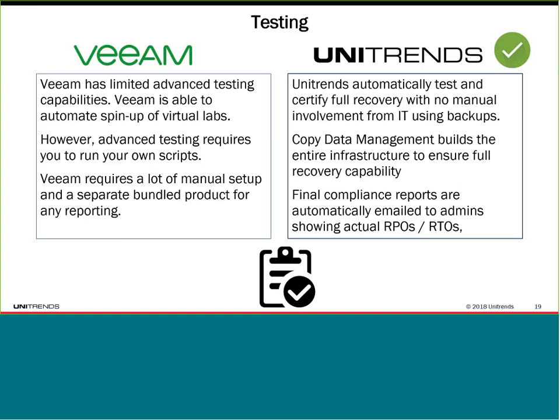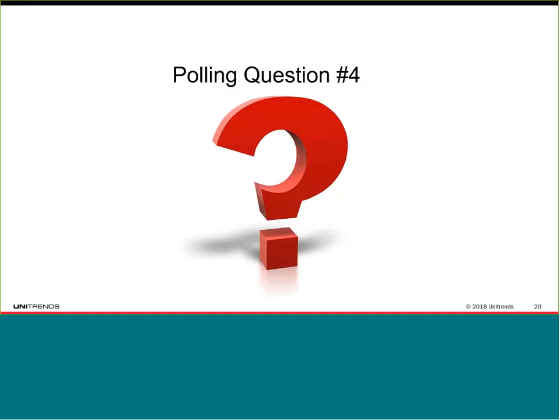So this leads us to our last polling question here. I'm going to kick it back to Kevin. Perfect. Thank you, Max. Yeah, last polling question here. Just want to get a general sense of how confident you are in meeting your RTO and RPO metrics in the event of a disaster such as ransomware. So maybe you're very confident, perhaps you're somewhat confident, maybe you're not 100% confident, but you still have a little bit of confidence, or maybe you don't even have set RTO or RPO metrics to meet, and that's totally fine as well.